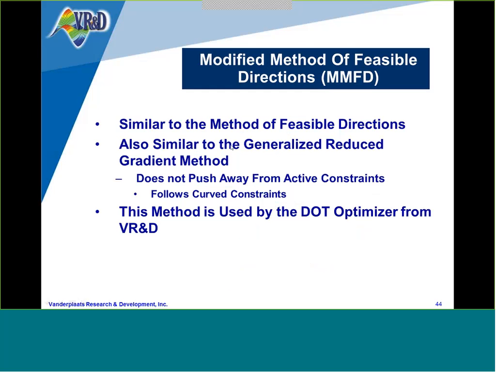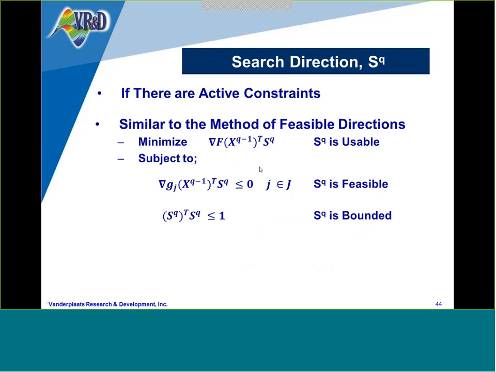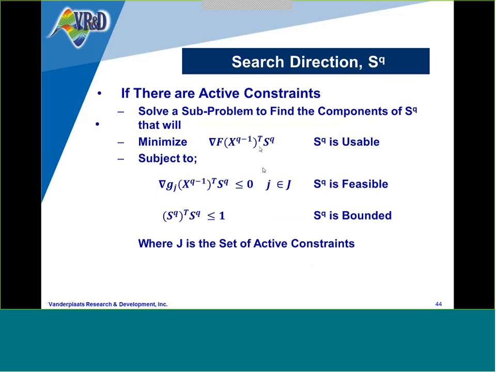The modified method of feasible directions, which is contained in the DOT optimizer, is very similar, except we always use a 0 push-off factor. If you're into optimization theory, everybody that studies the method ends up with their own algorithm, and I published this in the mid-1980s. It's the same direction finding process, but we don't have a push-off factor theta.